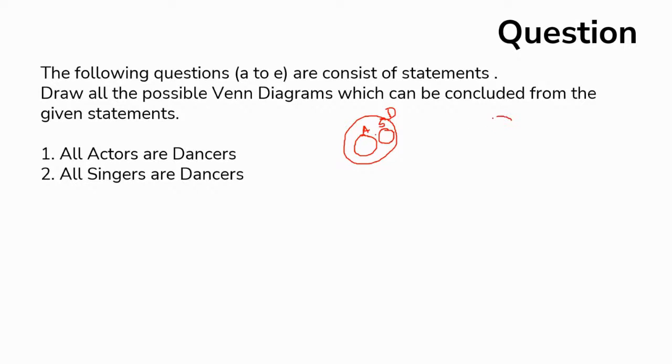Or else, all actors are dancers, and within this singers can come, so that all singers can also be dancers. Or else, all actors are dancers, all dancers are singers.